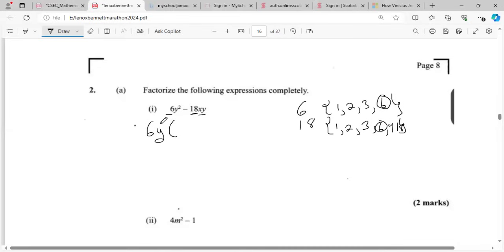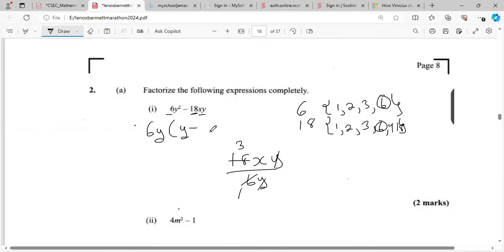What is 6y squared divided by 6y? So we're dividing by what we pulled out, right? So 6 cancels 6, y squared divided by y is y. Then we have 18xy divided by 6y. 6 into itself 1, 6 into 18, 3. y cancels y.